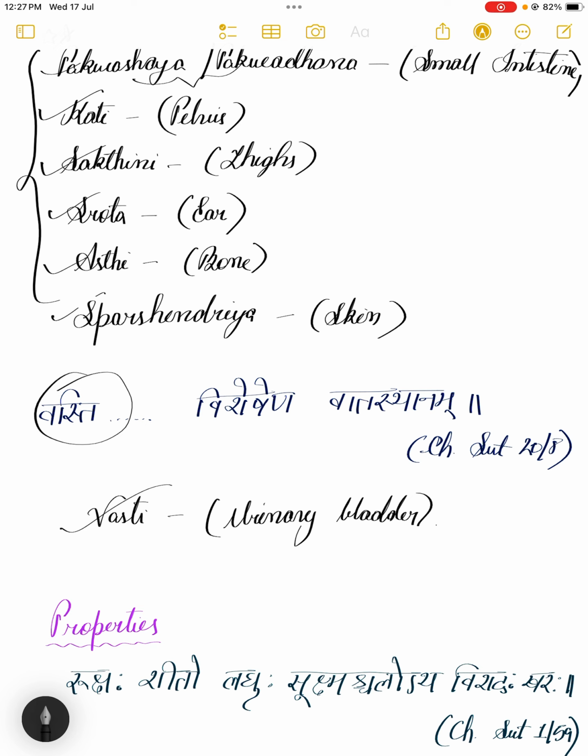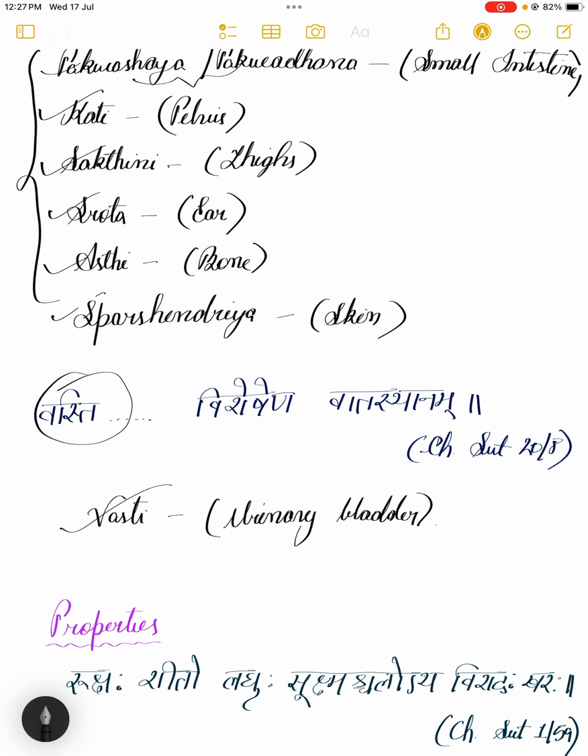Since Basti is considered the main site of Vat, initiating treatment in the Basti will cure or uproot the disease from its very origin or grassroots level. We'll be discussing all this later. Now let's come back to our original part.